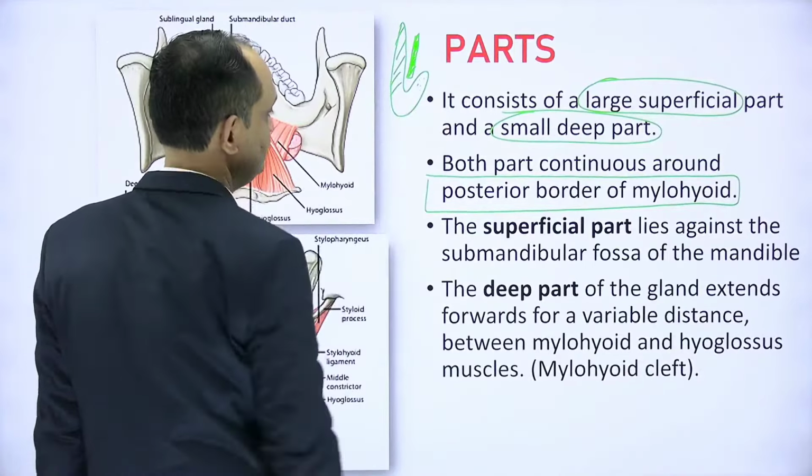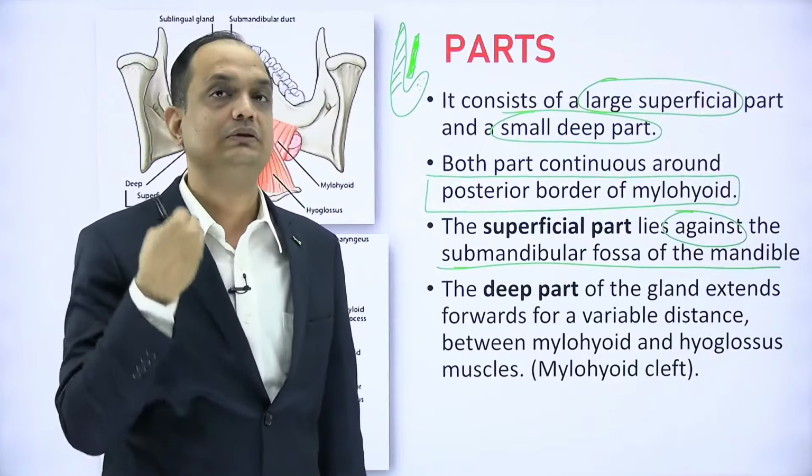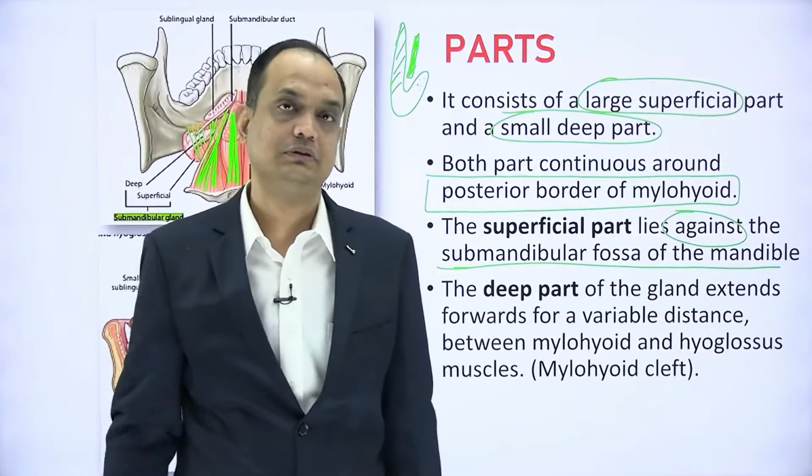Deep to mylohyoid you have hyoglossus, and deep to hyoglossus you have the genioglossus muscle. Keep this in mind: if you do the dissection layer by layer, the first muscle is mylohyoid, then hyoglossus, and then in the midline genioglossus.